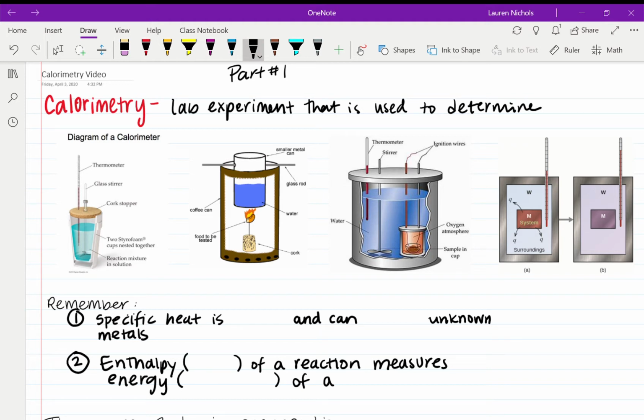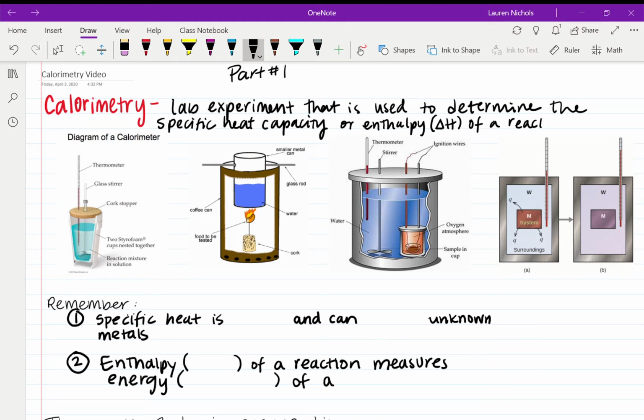It's a lab experiment that is used to determine the specific heat capacity of unknown chemicals. It's a way to figure that out if you have an unknown metal, or it can be used to calculate the enthalpy, which is represented by delta H, of a reaction.